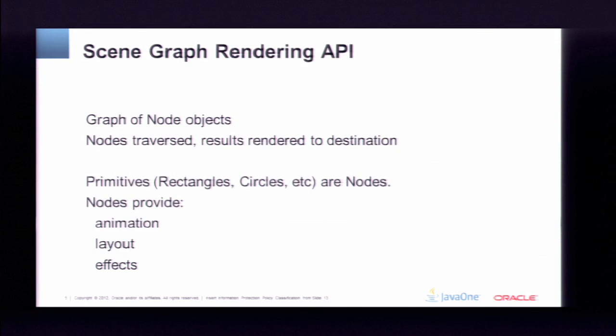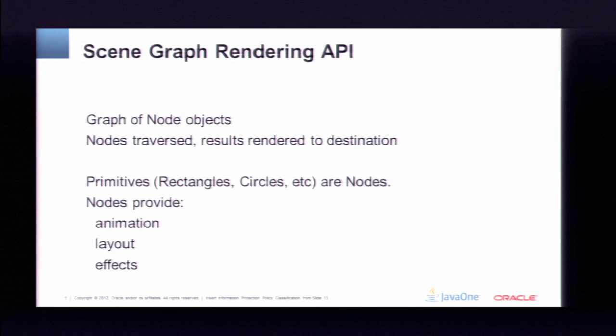Okay. So very briefly, many of you, if you know JavaFX, know it has a Scene Graph model of rendering, which is basically just a graph of node objects. Nodes are traversed, and then those results are rendered to a destination, which can be, now in 2.2 we have render to image, so it could be an image, it can be a scene, so the destination can vary.